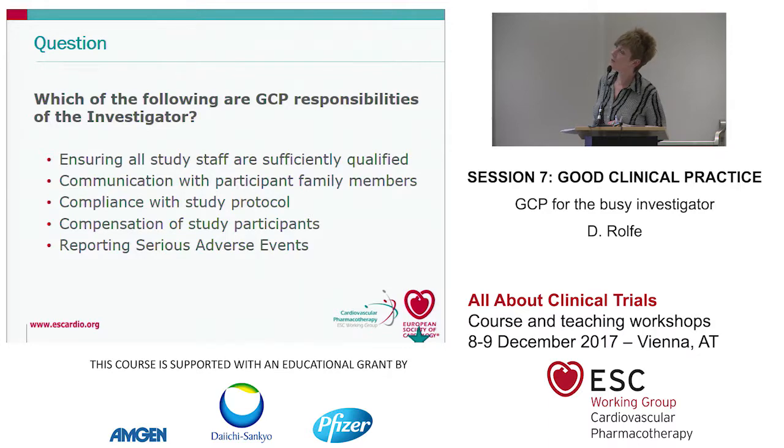So it's the responsibility of the investigator to make sure that the study participants are compensated. It's the responsibility of the investigator to make sure that communication with participant family members is upheld. I would say, and hopefully you will agree, that it's 1, 3, and 5. Agreed? Perfect.